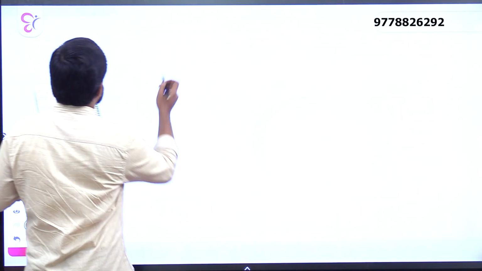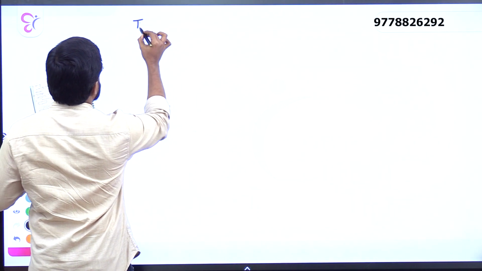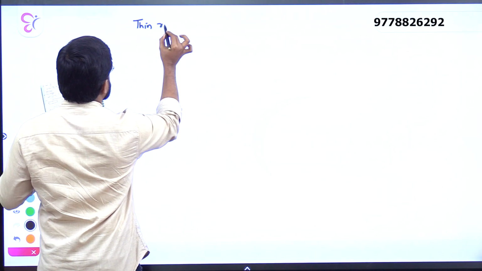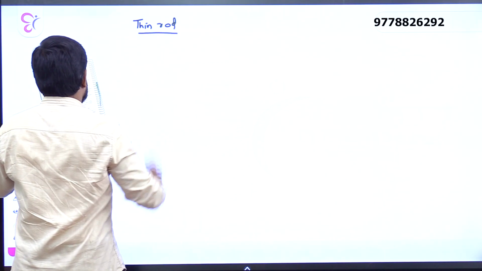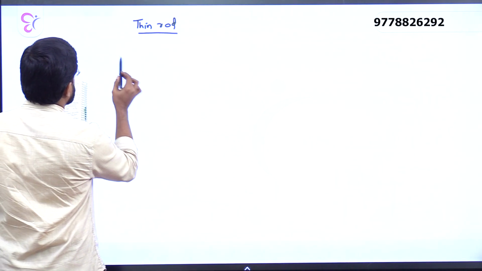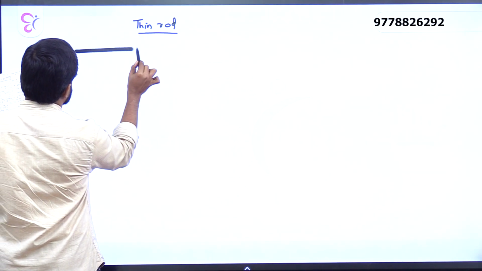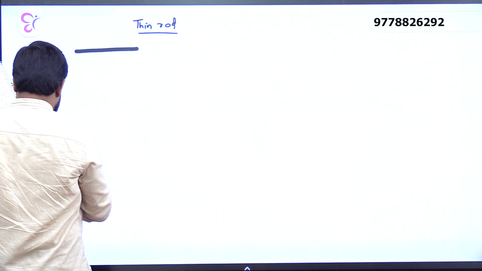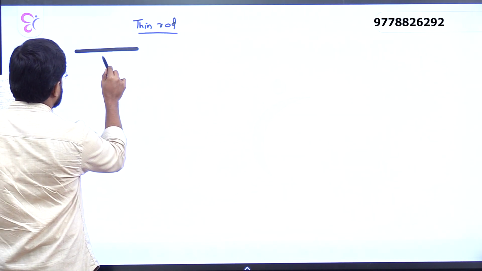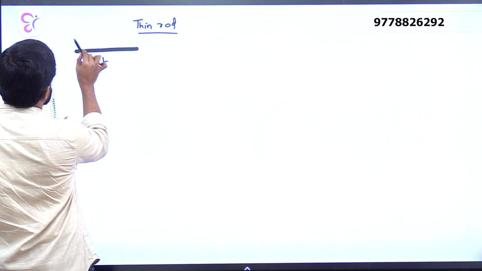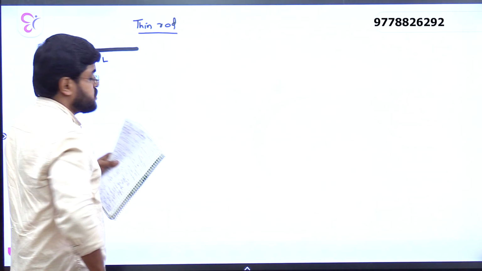So what is this thin rod? See here, this is my thin rod, which is of length L, and which has a charge density lambda.